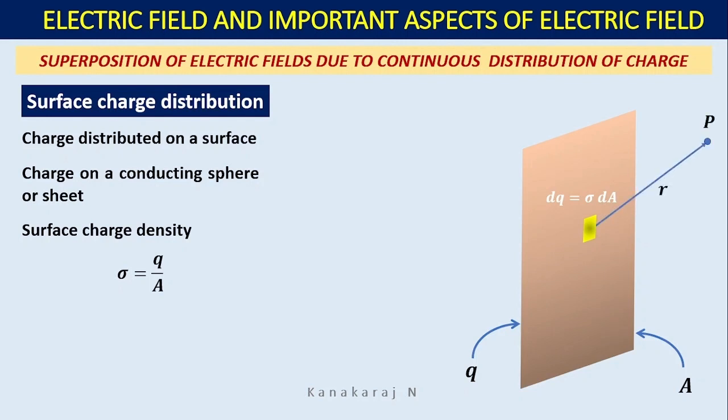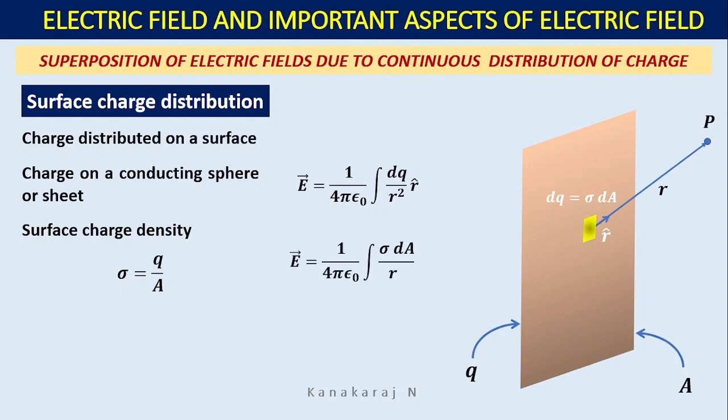In the same way, a point is being considered. Let us find the electric field at point P. E vector equals 1 by 4 pi epsilon naught integration dq divided by r square r cap. Now let us replace dq by sigma dA.